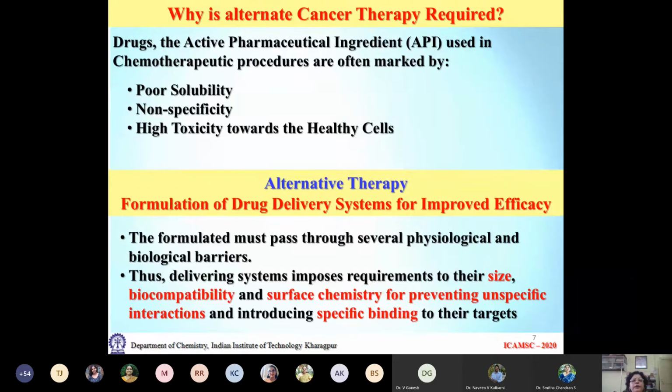So we have to have a formulation where you can improve the drug solubility, make them more specific, and in the process construct a formulation which is not going to harm the healthy cells along with the carcinogenic cells or pathogenic cells. So the formulation must look through several physiological and biological barriers. It has to pass through various barriers. So delivering system.